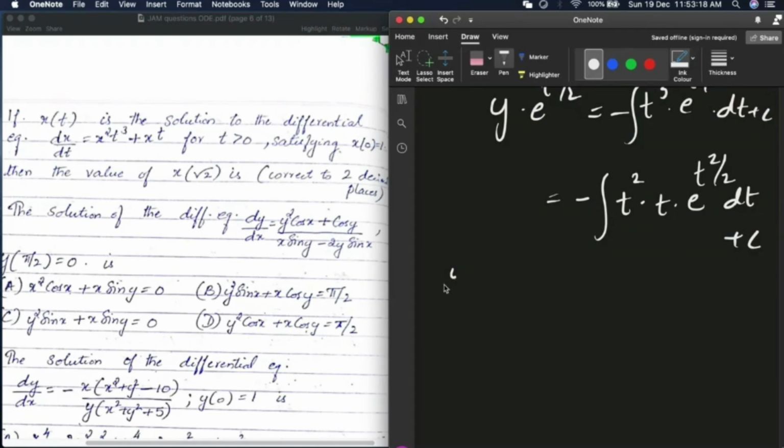In order to integrate this, I can put t square by 2 is equal to some a. So t dt becomes, so this will become the integral.